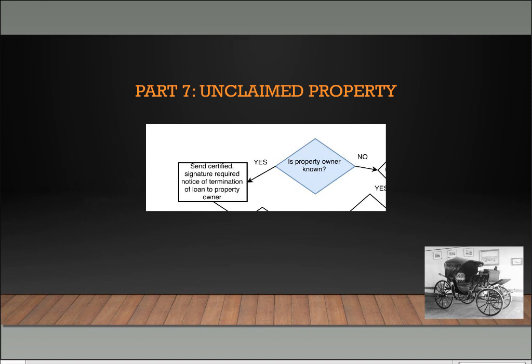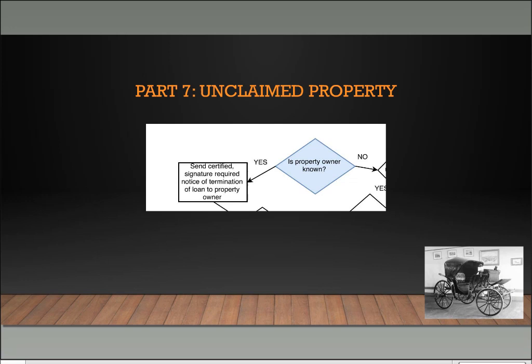So the first question that we ask about anything that is either undocumented or unclaimed or found in collection, or the lender has died, or they won't respond to our repeated requests for loan renewal documents, is whether or not the property owner is known. And in this case, we do know that the property owner is John Doe and we have his address.